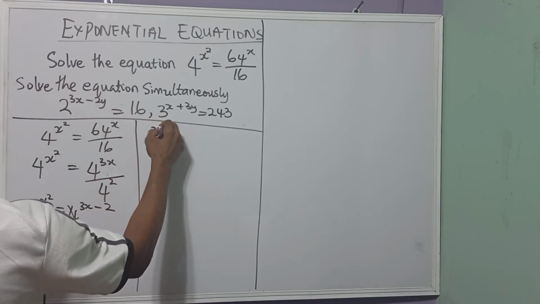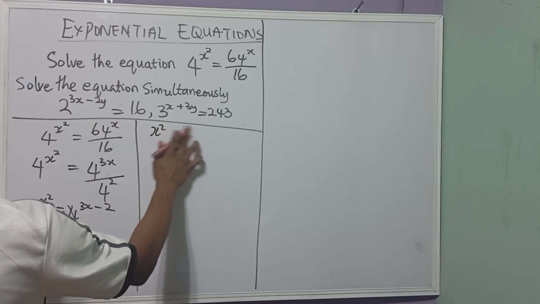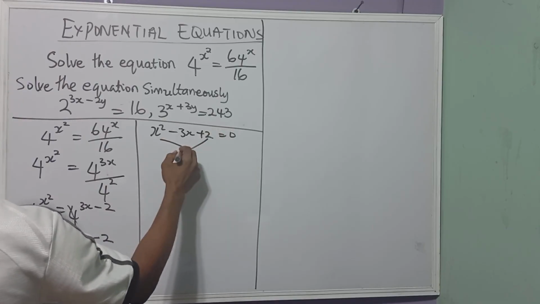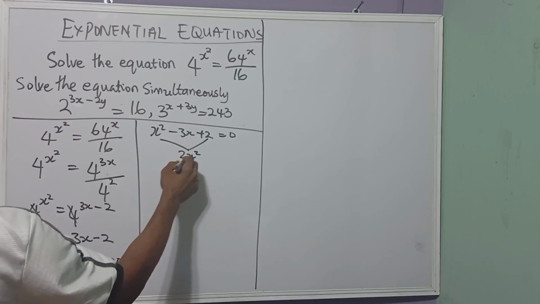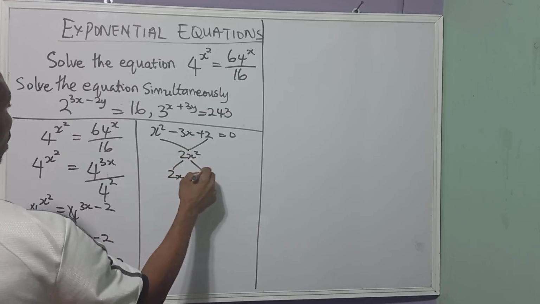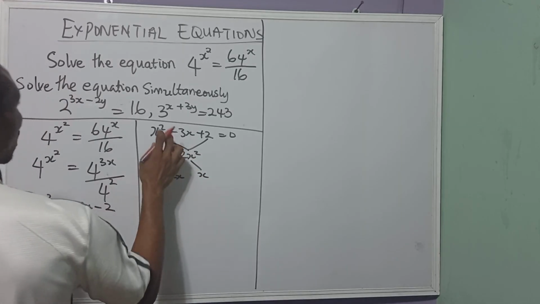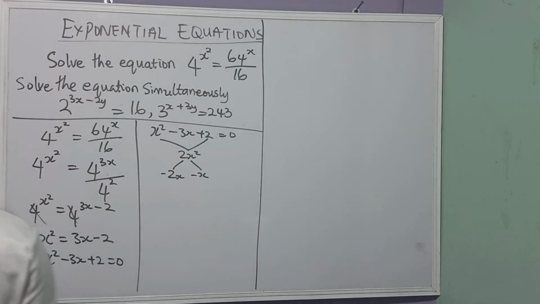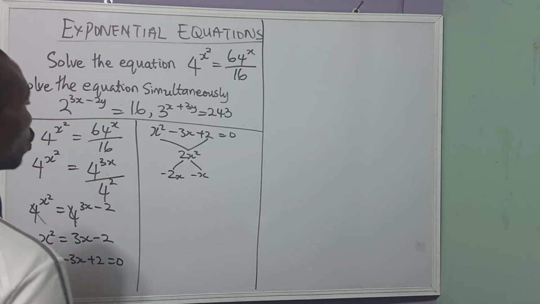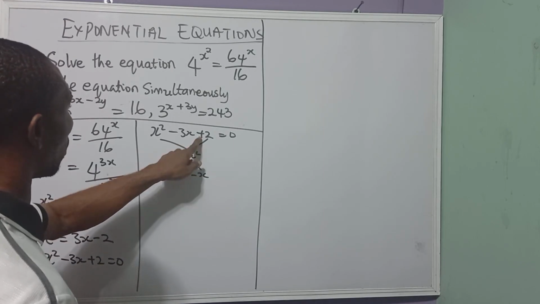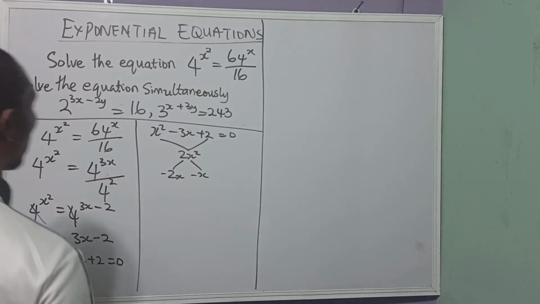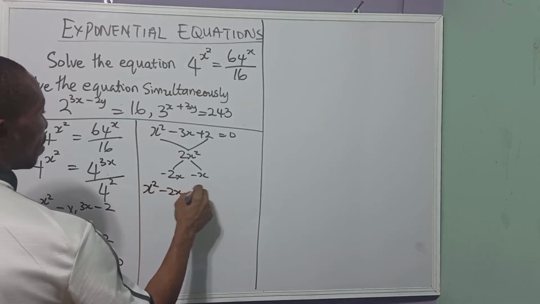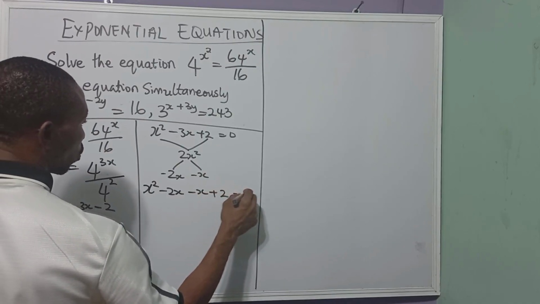Since the middle term is minus, both will become minus, because minus times minus gives plus, and minus plus minus gives minus. So this we have as x squared minus 2x minus x plus 2 equals 0.